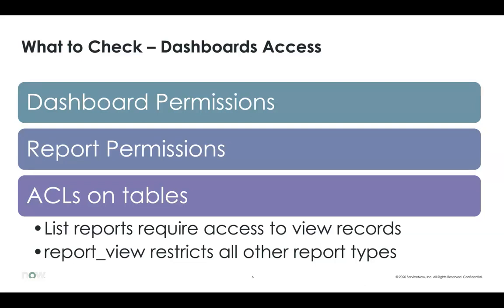The report view ACL allows you to block access to all reports. And that might be needed for your HR data, for your SecOps data. So be aware, it's not just read ACL anymore, but report view might be needed as well for the standard reports. Read is needed for lists, and report view is needed for all the other report types.